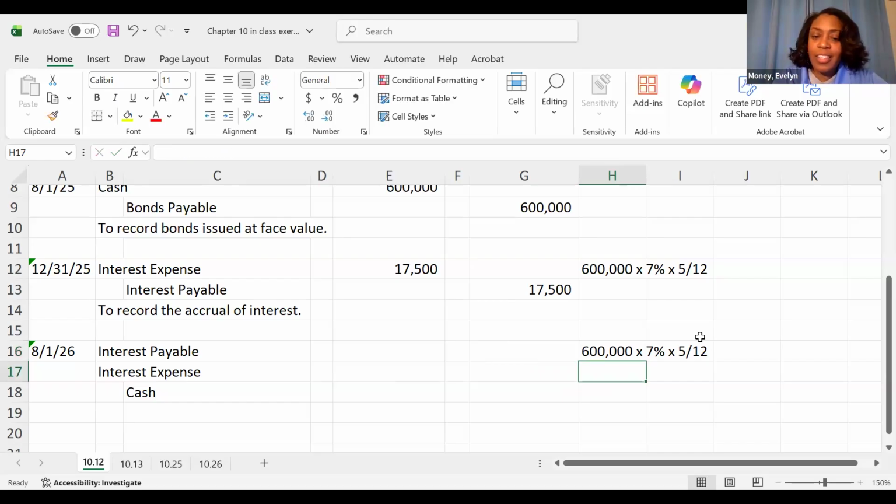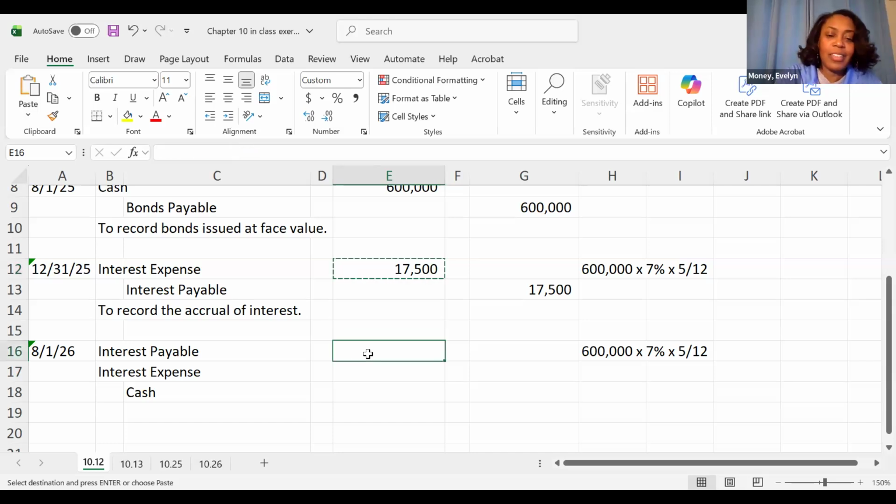So, see if I can copy and paste my formula. Which I didn't do right. There we go.